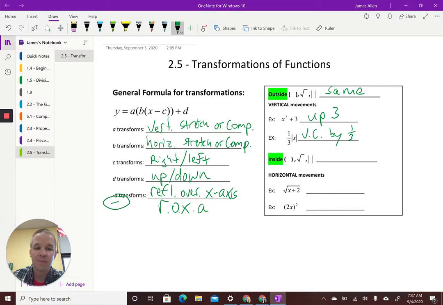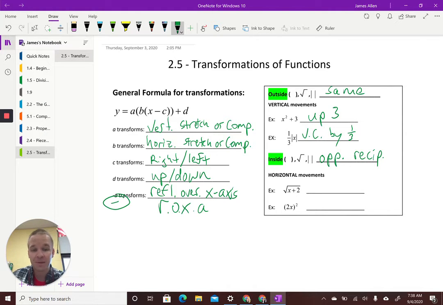Now, when we're talking about horizontal, when it's inside, it's the opposite or the reciprocal. Okay? Hopefully the abbreviations are all right with you guys. Feel free to speak up if you're like, hey man, what's that mean? Not that I can answer you in the video, but you can ask in class. All righty. So here I have x plus 2.